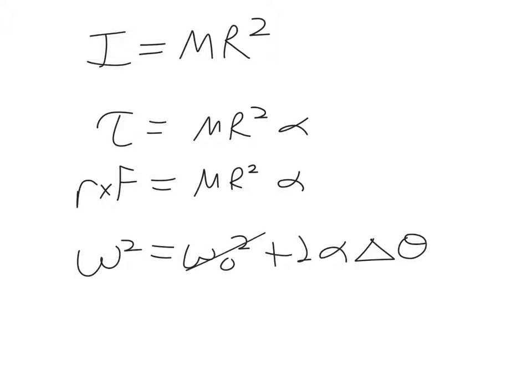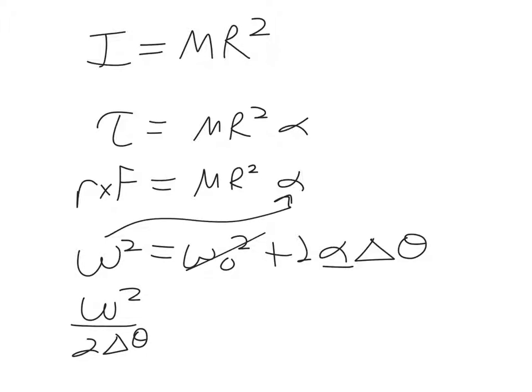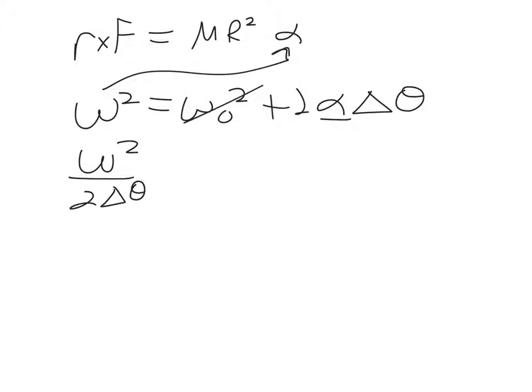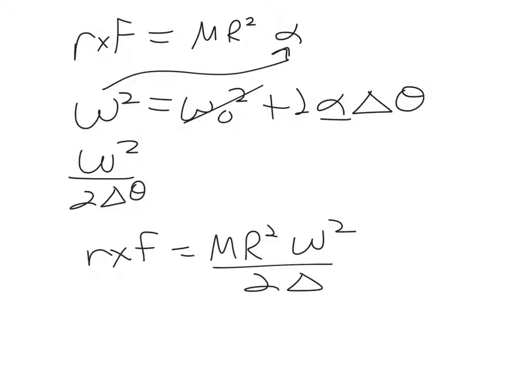So if I'm solving for alpha so that I can plug in up here, I'm going to have omega squared over 2 delta theta, which I will then plug in here. So, onward and upward, we have r cross f equal to mr squared omega squared over 2 delta theta.